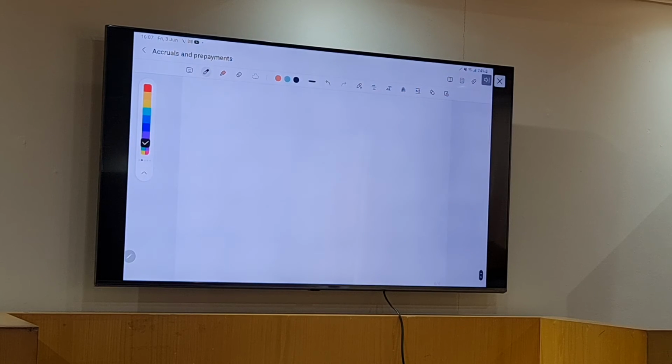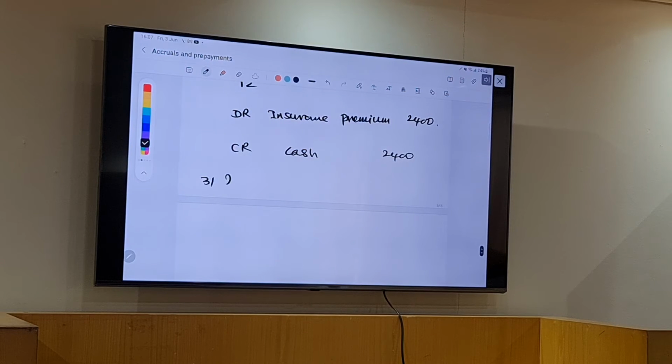Now on 31st December, what must I do? I should transfer to debit P&L as insurance expense. How much? 800. And then I should credit this to the insurance premium account. Correct?